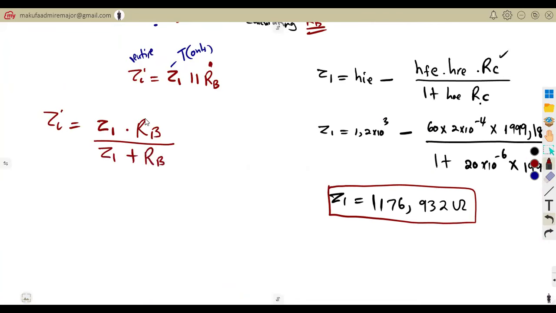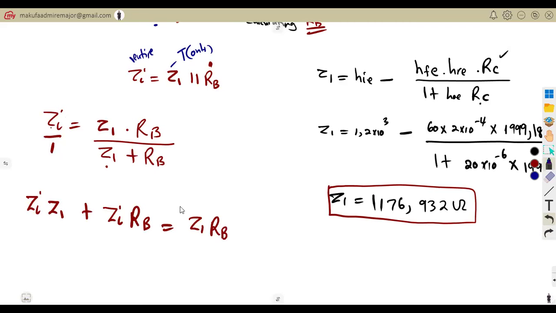So we need to make RB the subject. Cross multiply: Zi is going to multiply this, and it also multiplies this, so there are two things to be affected there. That's Zi times Z1, plus Zi times RB, equal to Z1 RB.